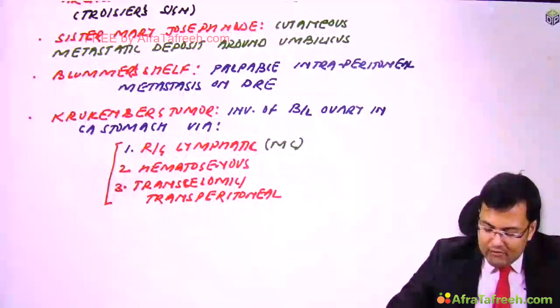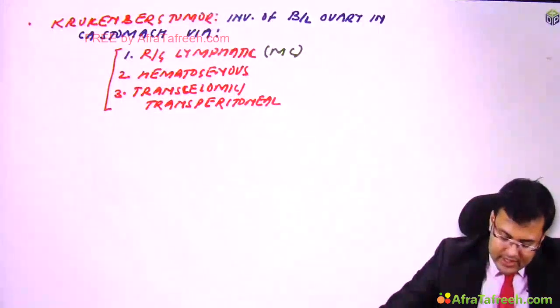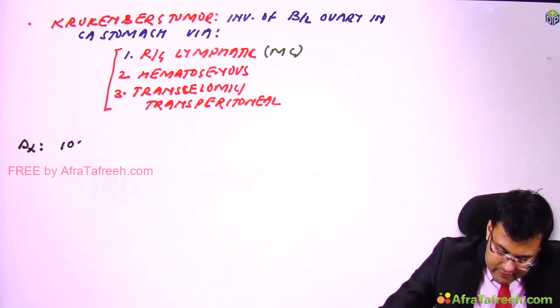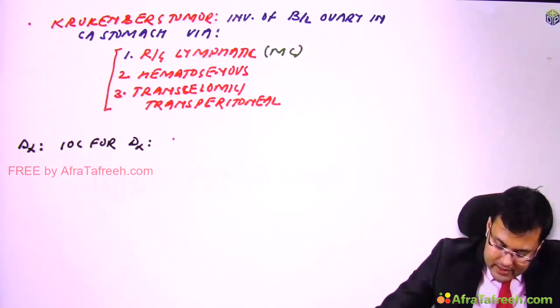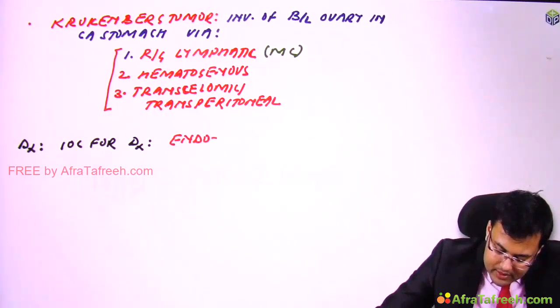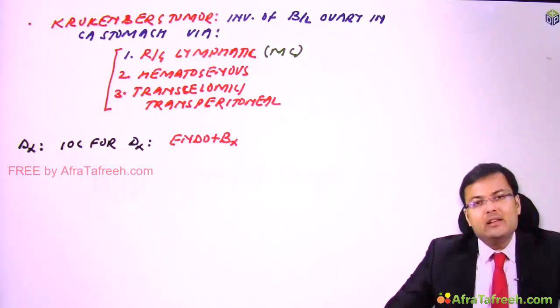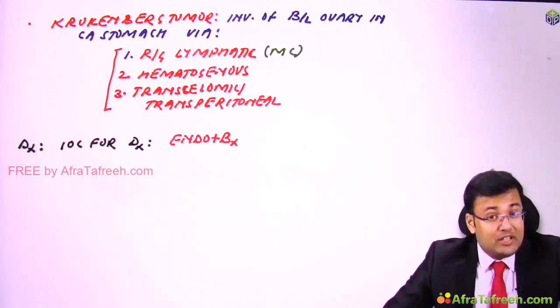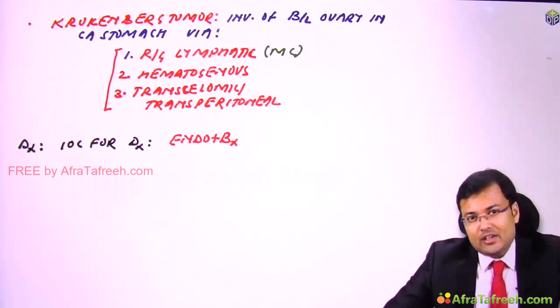After that, how we are going to diagnose? Investigation of choice for diagnosis is the endoscopy plus biopsy. And in carcinoma esophagus, I told you, any malignancy where we can perform endoscopic ultrasound, generally that's the investigation of choice for staging.